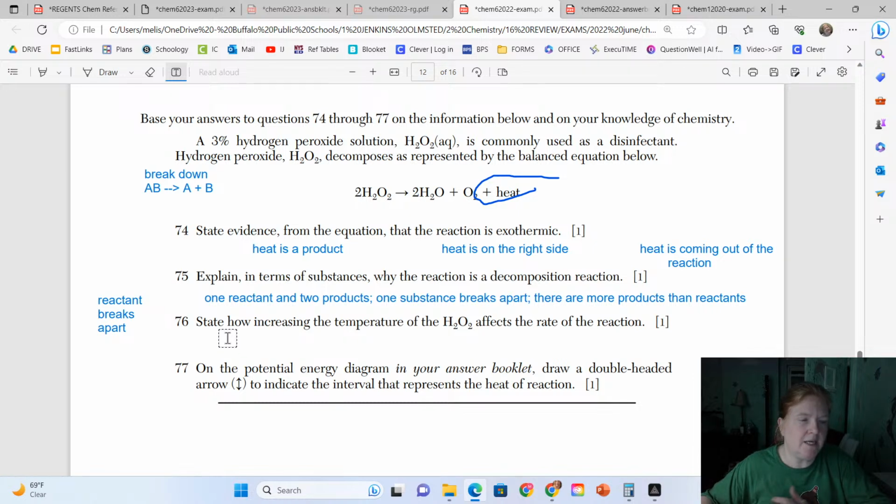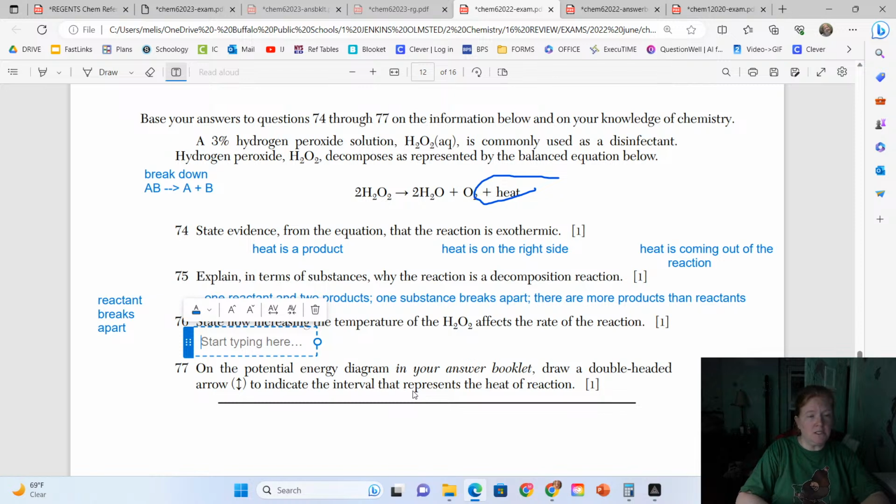So I guess I'll do 76 and 77, and then really I have to go. State how increasing the temperature of the H2O2, that's hydrogen peroxide, affects the rate of the reaction. So rate of reaction, when we increase temperature, rate increases.